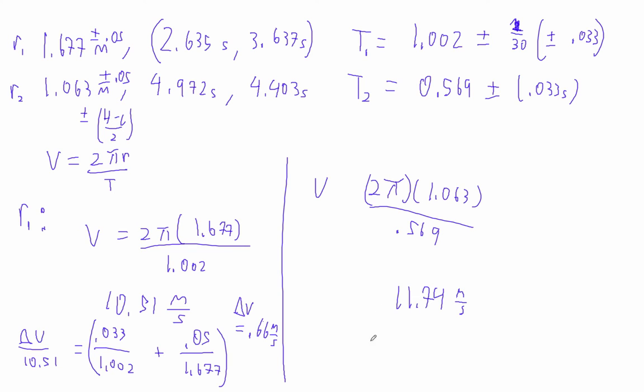So let's look at the uncertainty of this one. The uncertainty of velocity over 11.74 is equal to 0.033 over 0.569, plus 0.05 divided by 1.063. And this is why, by the way, if you use a high-speed camera, like a 60 frame per second camera, you'll be less uncertain about that.